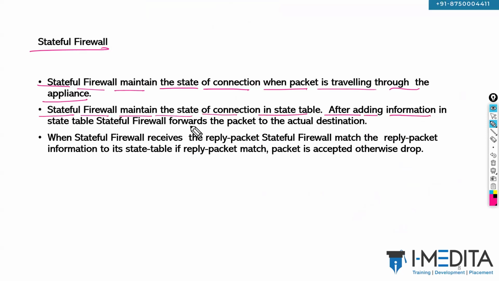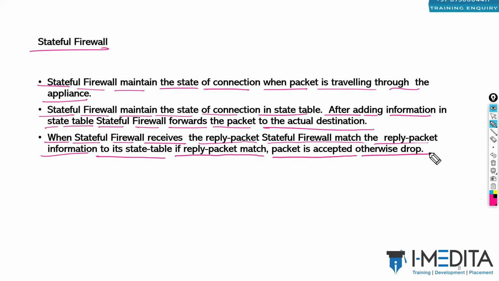After adding information in the state table, the stateful firewall forwards the packet to the actual destination. When the stateful firewall receives the reply packet, it matches the reply packet information to its state table. If the reply packet matches, the packet is accepted, otherwise the packet is dropped.